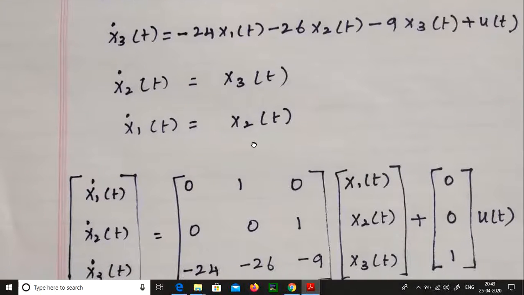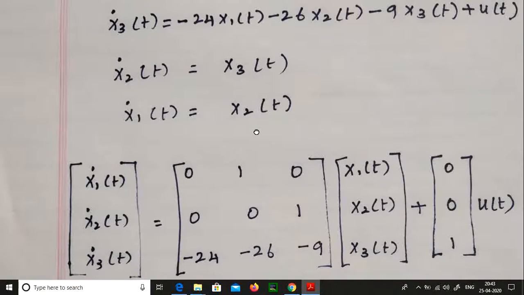Now from these three equations, whatever we have written for x1 dot, x2 dot and x3 dot, let us write the state equation. First equation, x1 dot of t: 0 x1 plus 1 x2 plus 0 x3 plus 0 u of t.